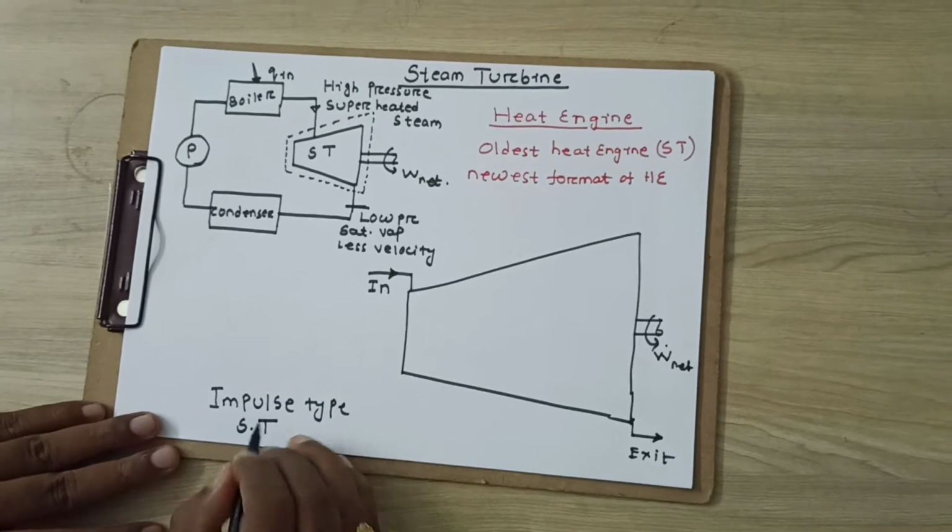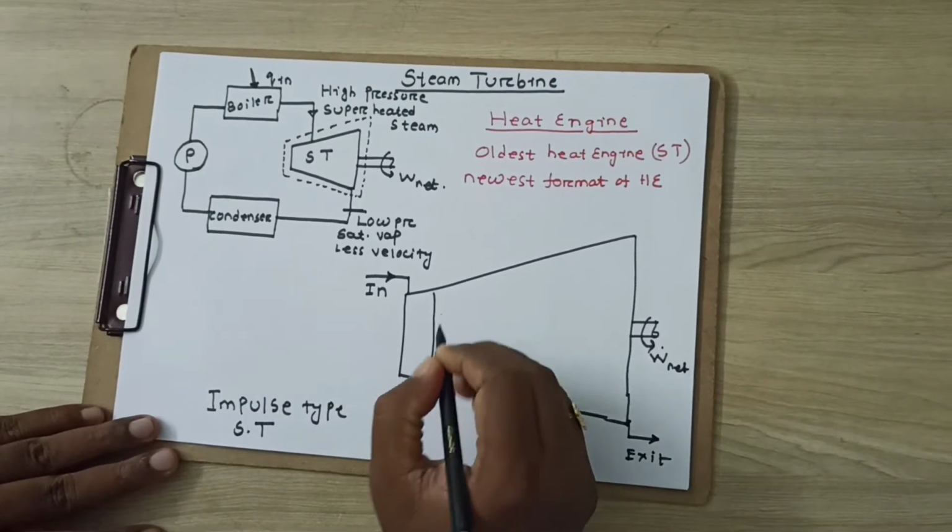Impulse type steam turbine, there are two rows of blades.